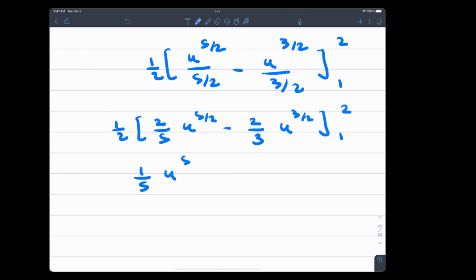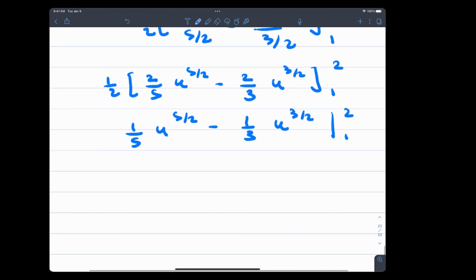One-fifth u to the 5/2 minus 1/3 u to the 3/2, from 1 to 2. Well, should we simplify that?